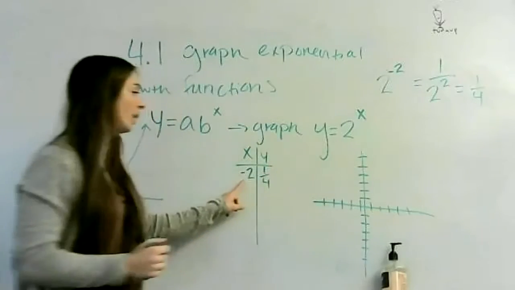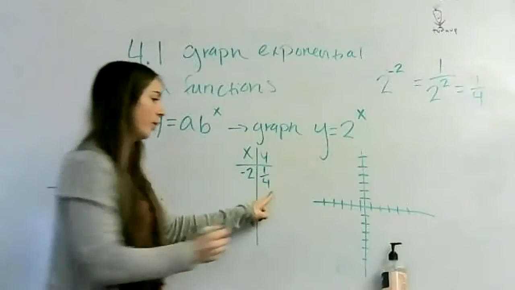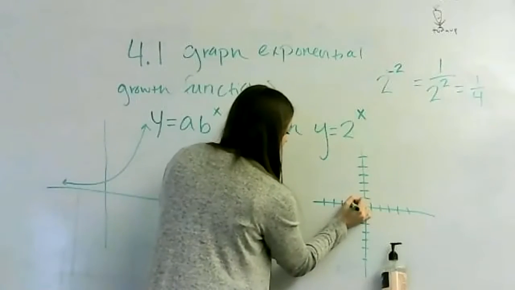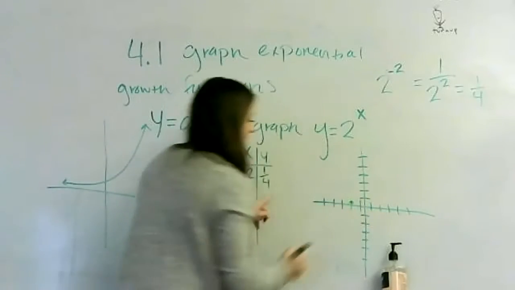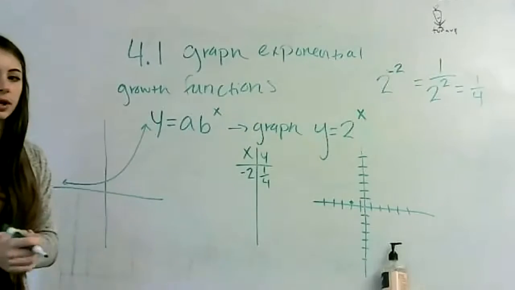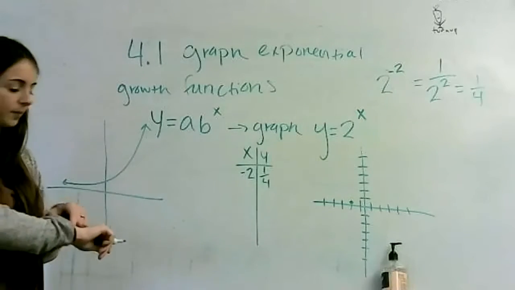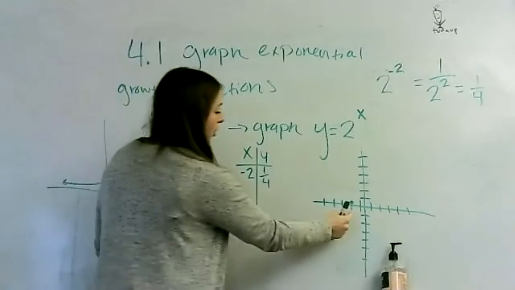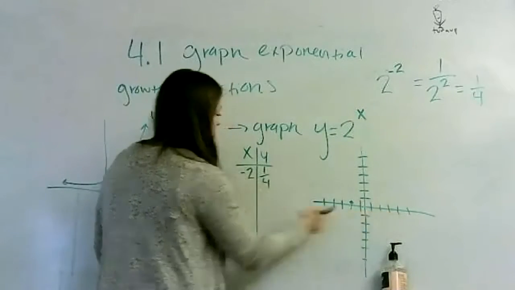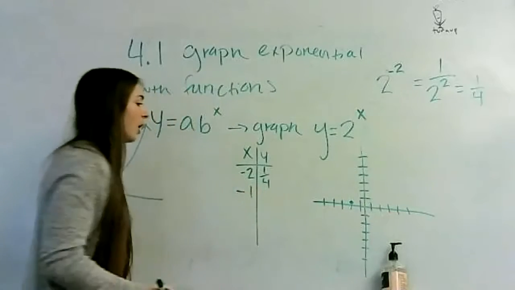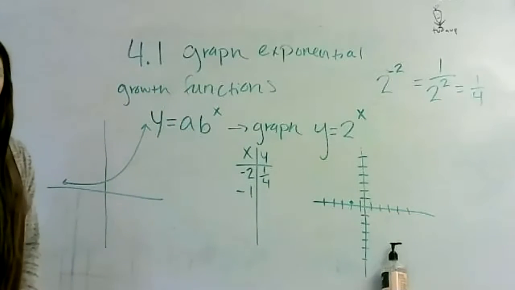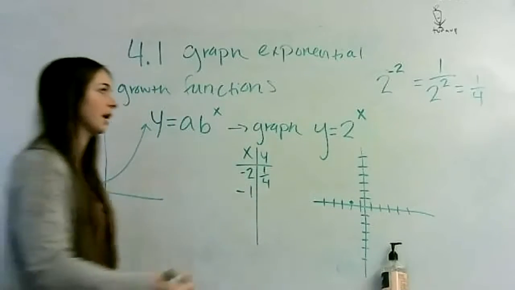So we have the point -2, 1/4. Let's go graph that. It's going to be super low down on our graph. Let's just keep working from left to right. So let's go ahead and test -1 now. We might as well at least see what's happening there because we're already on that left side.